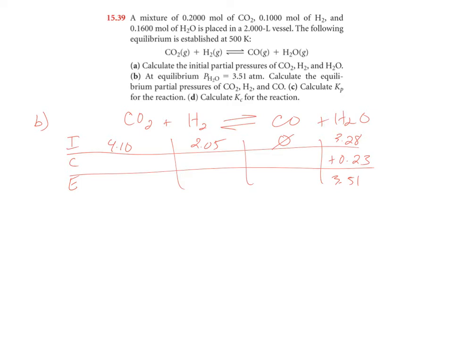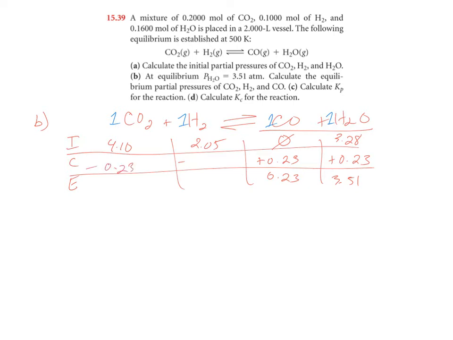Since they're all in a stoichiometric relationship of 1 to 1, here in blue, that means the change is going to be the same for all of them. So this is going to increase by 0.23. It's going to increase because these are both products. The products will increase. If one increases, the other has to increase. And here my reactants are going to be decreasing since the products were increasing.